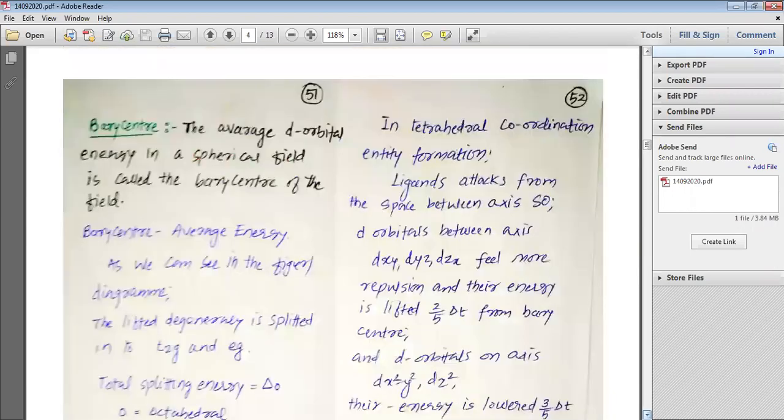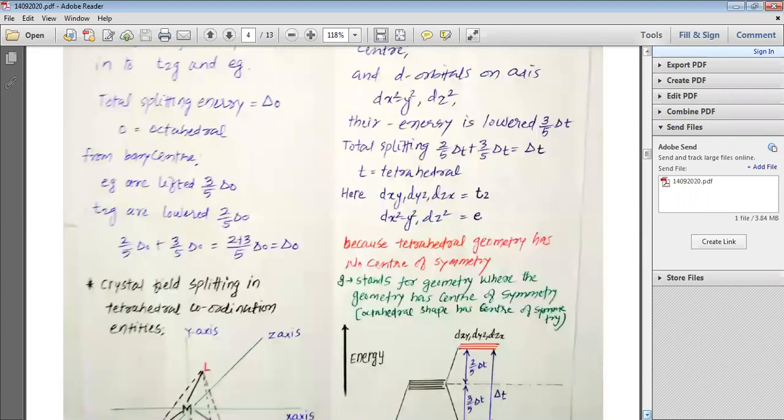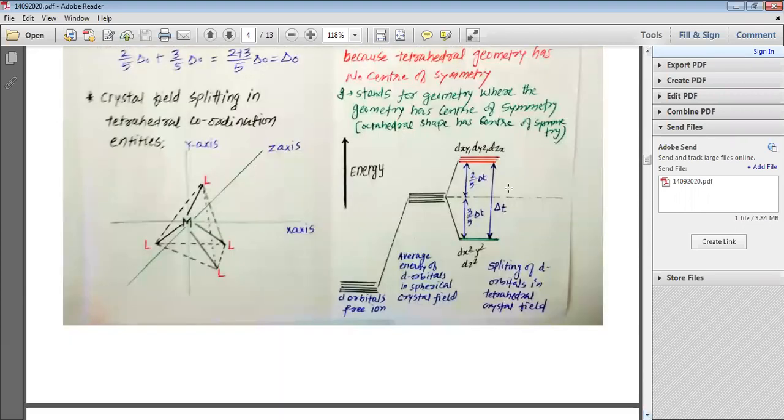In case of the tetrahedral splitting, the case has been completely reversed, and the attack of ligand is from the space between the axes.